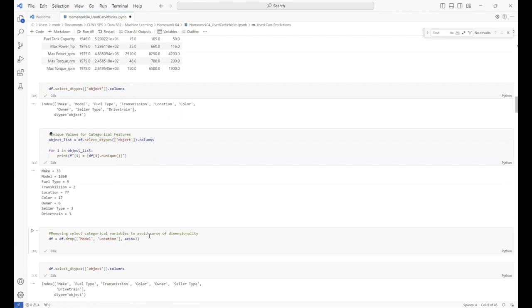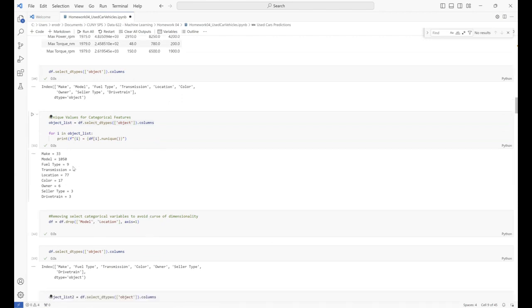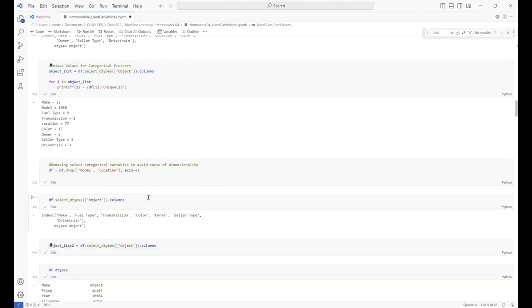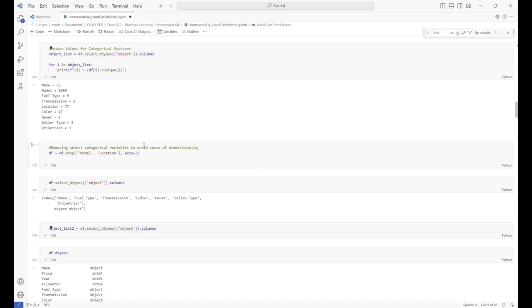So I ended up dropping the model because there were just 1,000 models, and I was going to have to one hot encode each of the categorical values. This data frame would just be way too large and not useful for this project. And the same thing I did for locations. I could have kept the locations, it was 77, but I left that out because I thought that was too big of a threshold here. It would make our model too big.